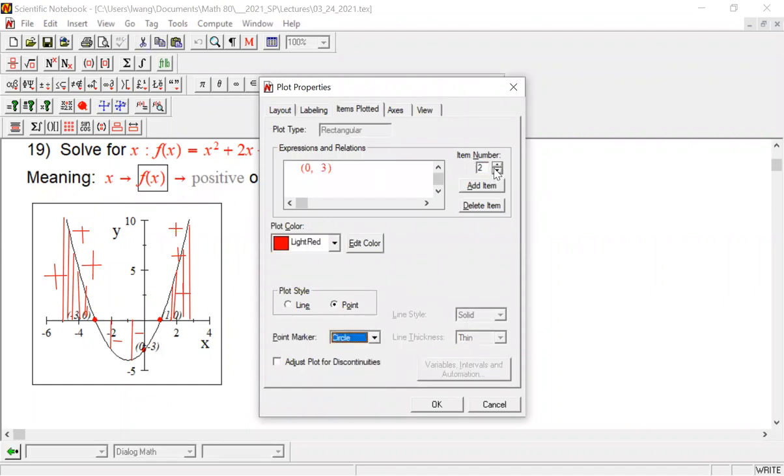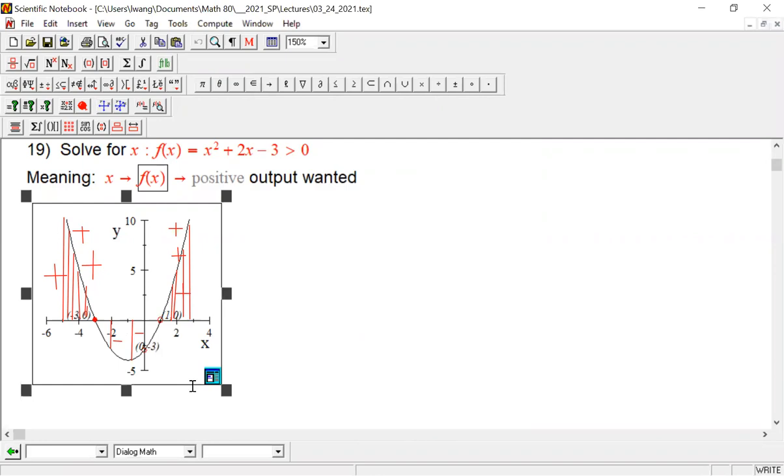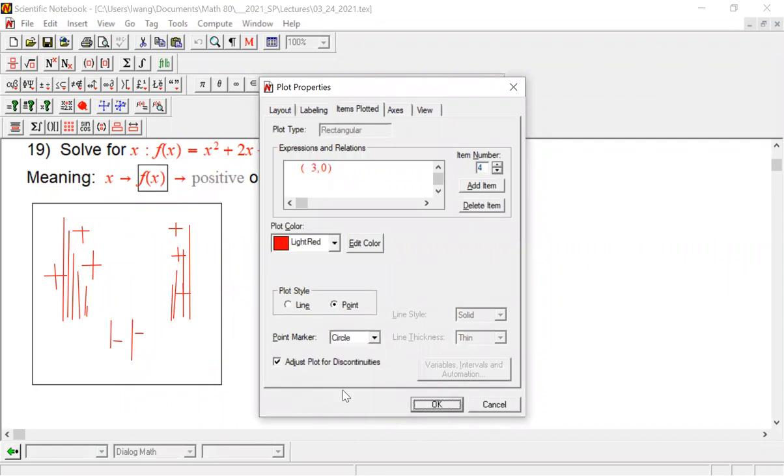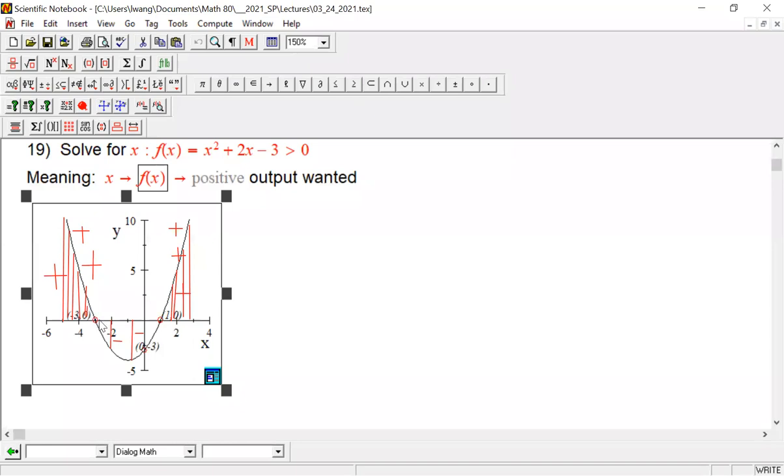I'm going to change them to circles and explain why. When the input is -3, the output is 0. 0 is not positive. Therefore, -3 should not be the solution.